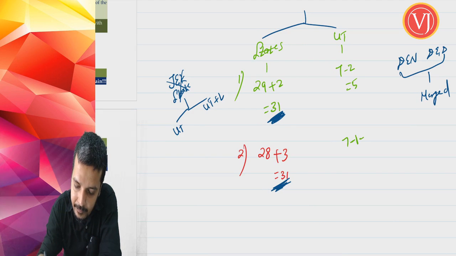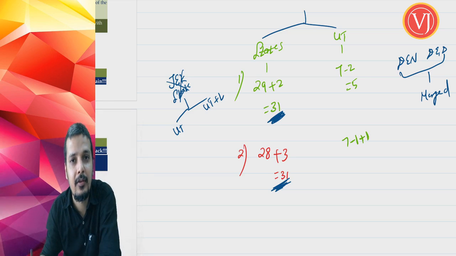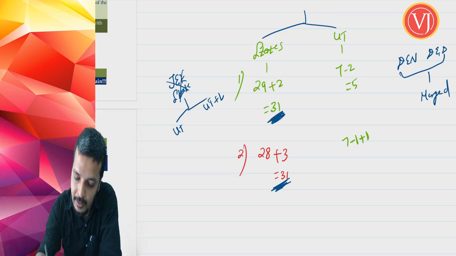But wait, plus 1. One part of Jammu and Kashmir is union territory without legislature.